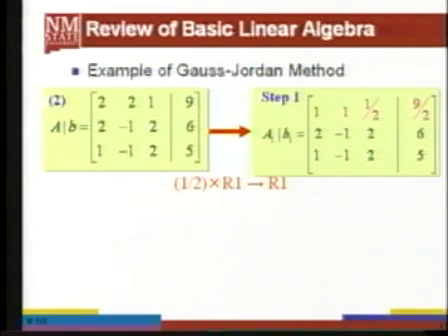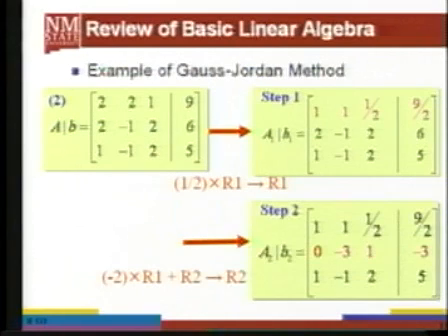And then replace row number 2 of A1 by -2 times row number 1 plus row number 2. The result of this type 2 elementary row operation would be step number 2.